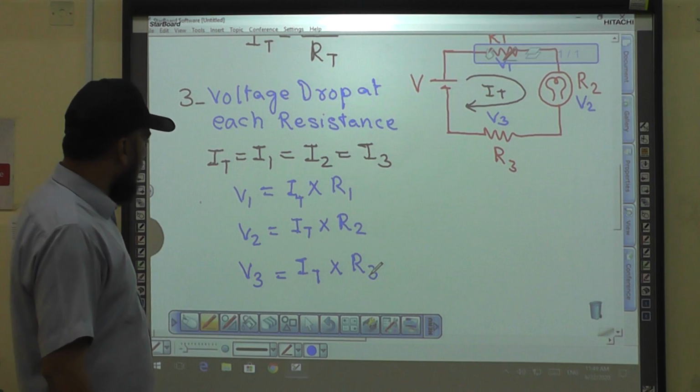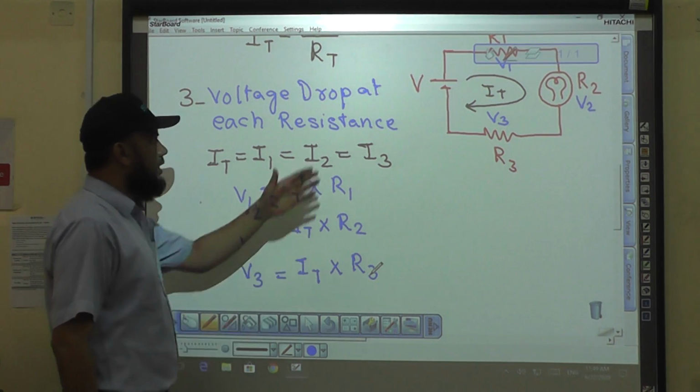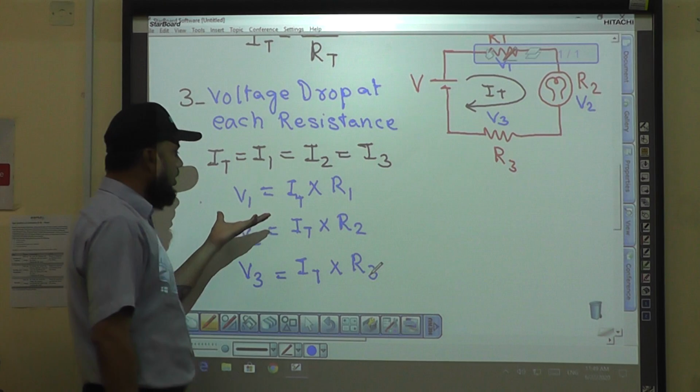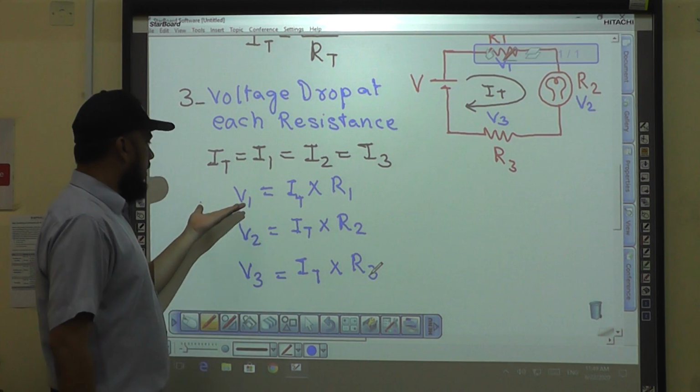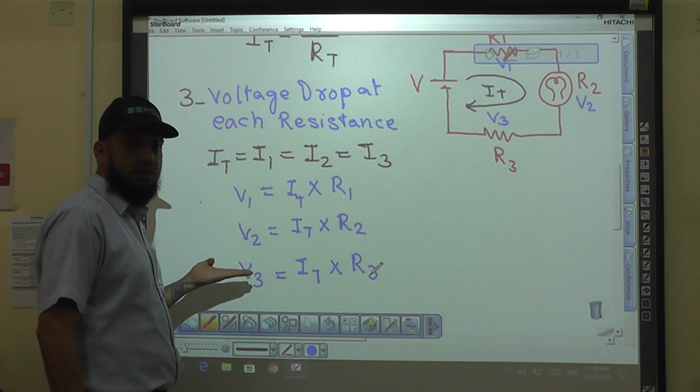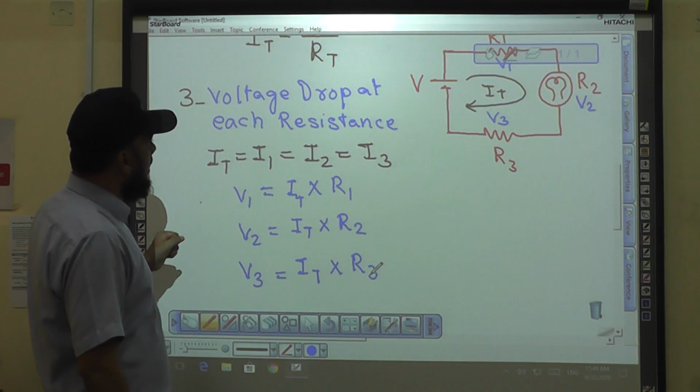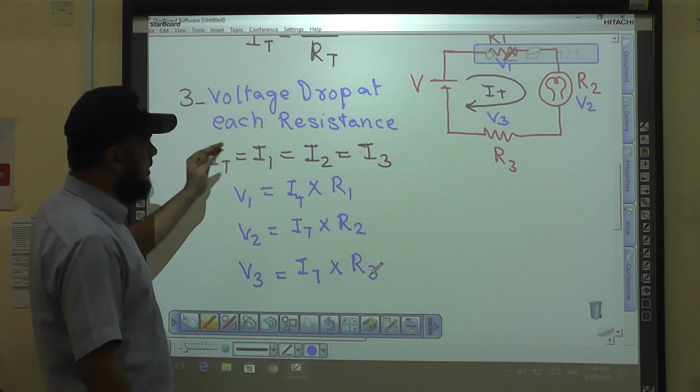In this way we can calculate the voltage drops across each and every resistance, V1, V2, V3. So in this way we can calculate the different electrical parameters in the series circuit.